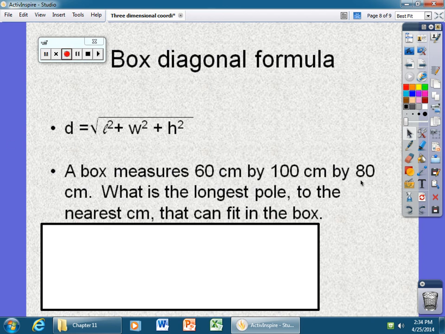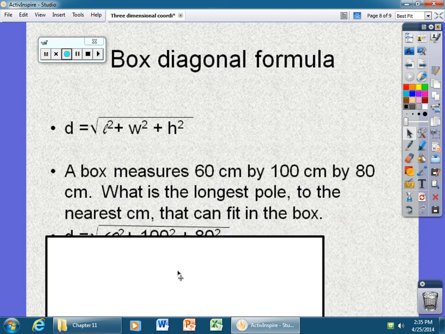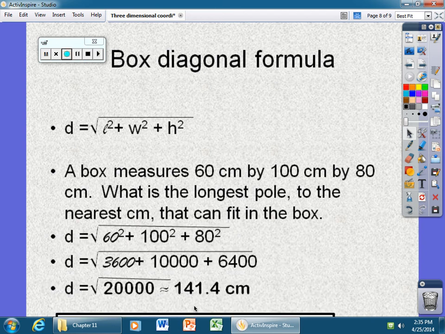I'm just going to substitute all of these into this formula, and I can put a 141 centimeter pole into the box. And this is just an application of the distance formula. When you do the box, you're putting it in a convenient location. So the origin is going to be one of the corners of the box. So since the origin is one of the corners of the box, then we have the length, width, and height to use it to fit into the box.